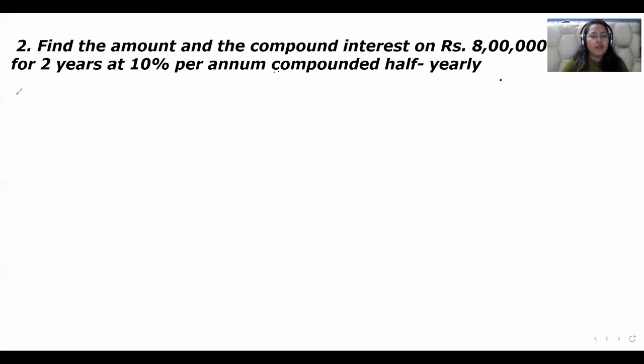Read this question: Find the amount and the compound interest on rupees 8 lakh for 2 years at 10% per annum compounded half yearly. In this case, our principal is rupees 8 lakh, our time, that is n in this formula, is 2 years, and the rate is 10% per annum.